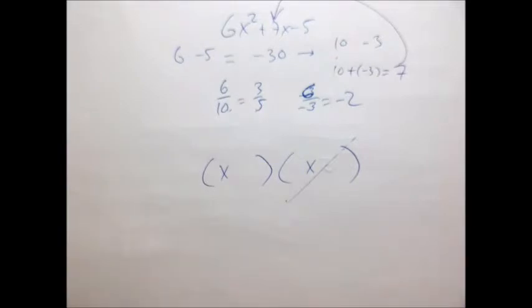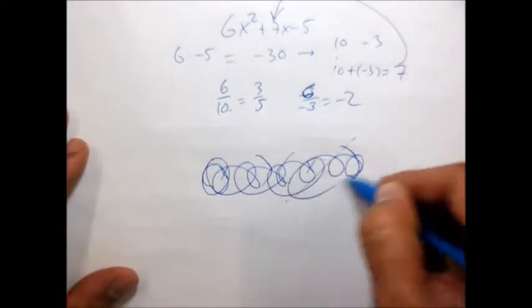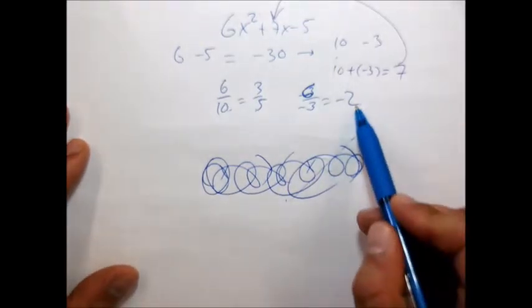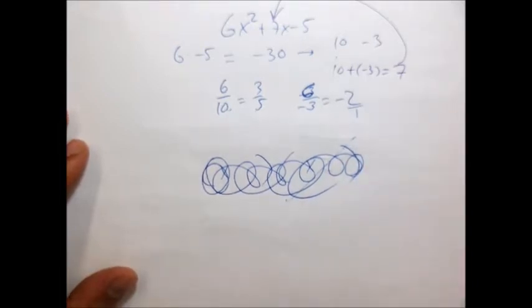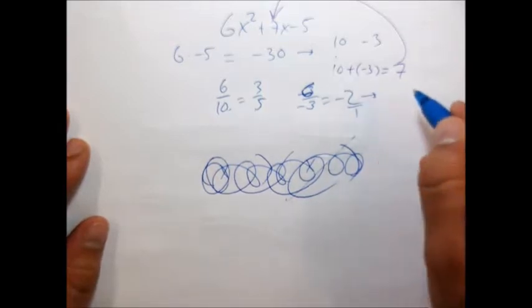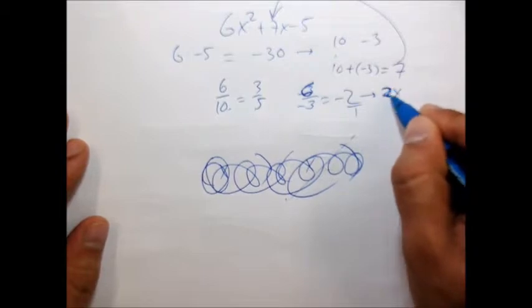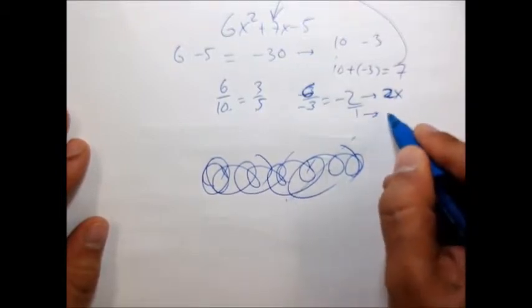Okay, and then how does this help us? Then you do -2x minus 1, because it's technically -2 over 1. Oh wow, this is really interesting. So this becomes -2x. Well, let's make it positive 2x, usually we make that one positive. And then this one becomes -1.